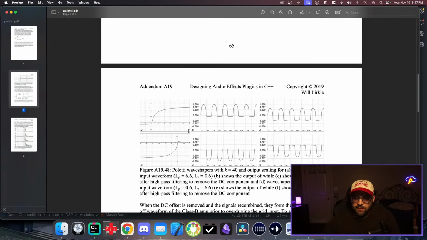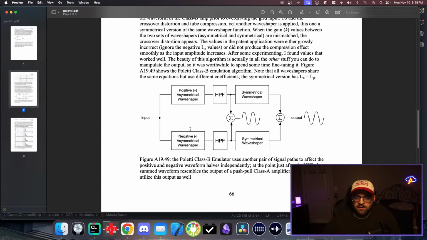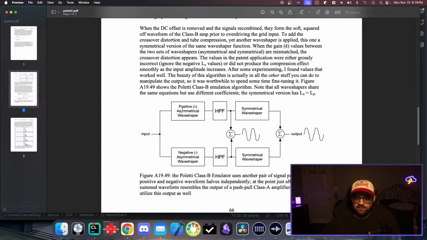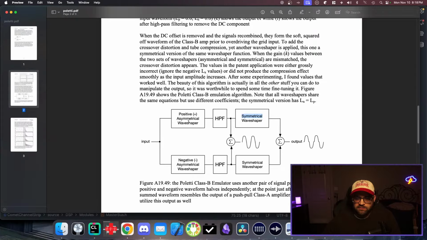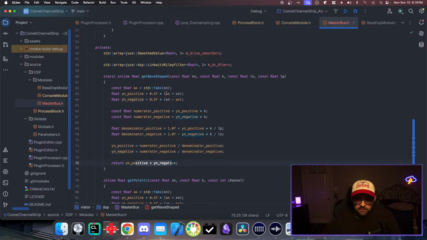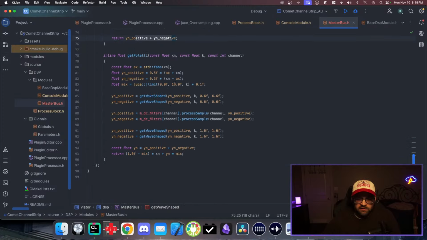And then the paper tells us that that wave shaper is used in these 4 blocks. Now, it says asymmetrical and symmetrical. The paper told us that the wave shaper is asymmetrical when Ln and Lp are not equal to each other. So it's symmetrical when they are. So this first one, right here, we implemented it.